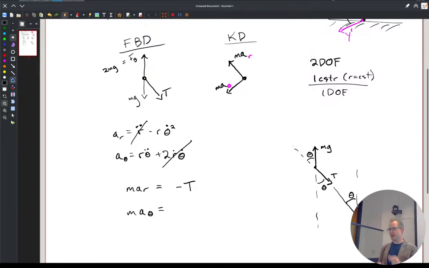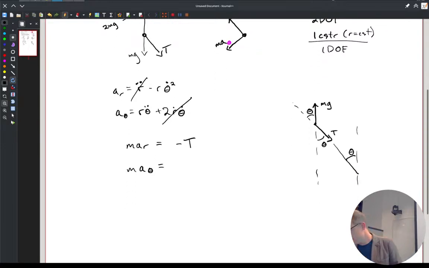Label the congruent angles in this parallel system. So now we have two components, right? We're splitting mg into some kind of radial component and some kind of theta transverse component. It's got to be sine and cosine.